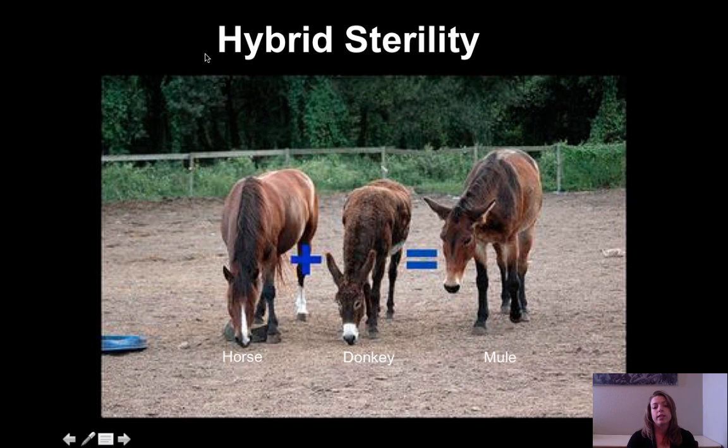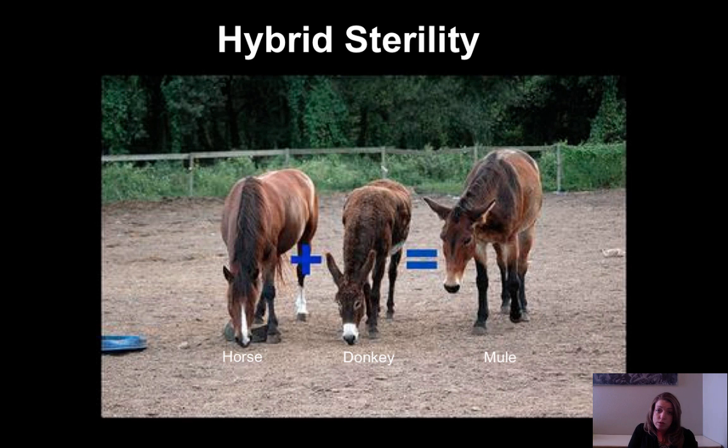And so that's what's going to keep the horse and donkey separate, and the mule as an inviable species. You never see herds of wild mules grazing across the plains, and that's because they can't reproduce. Generally, there are exceptions, but again, they're few and far between. They all have to do with meiosis. Feel free to look those up, but generally our mules are sterile.